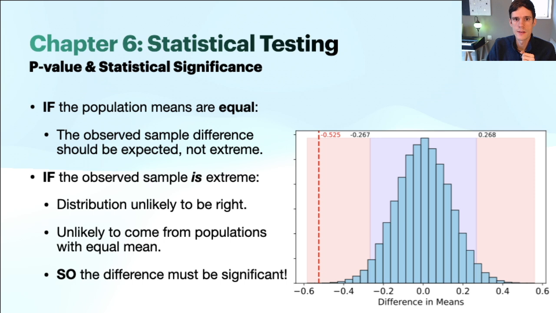If, on the other hand, this value is extreme compared to the underlying distribution, then this distribution is unlikely to be right, meaning that the null hypothesis is likely to be wrong, which in turn means that the underlying populations are likely to be different. And thus, you can conclude that the sample statistic of your specific sample is indicative of the underlying population statistics, which is what you set out to prove.